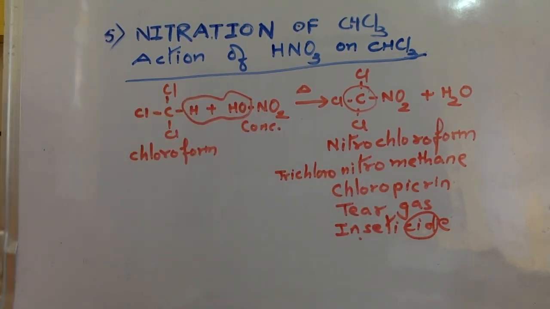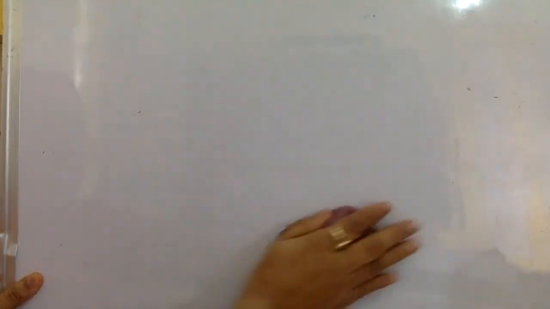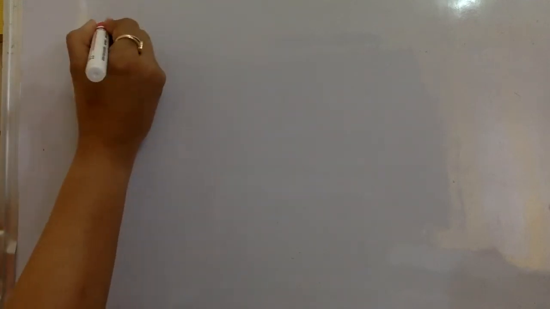Now we move to the second last property of chloroform. Exactly the same reactions can be applied to iodoform, students. You can see them in the notes.